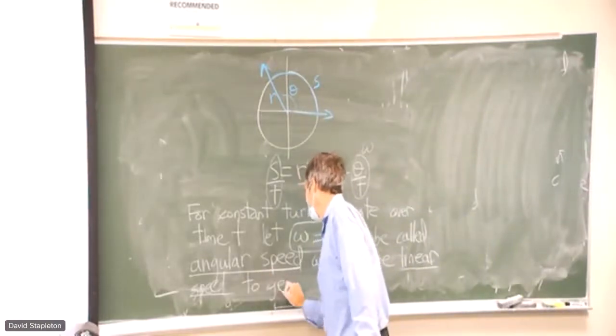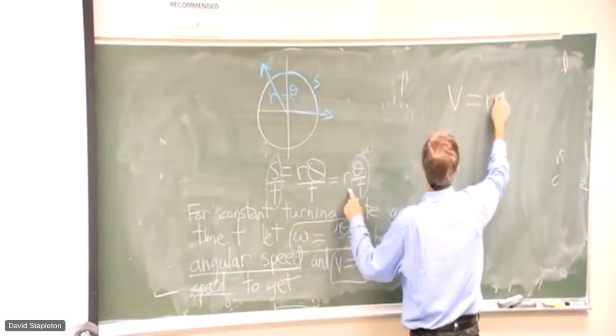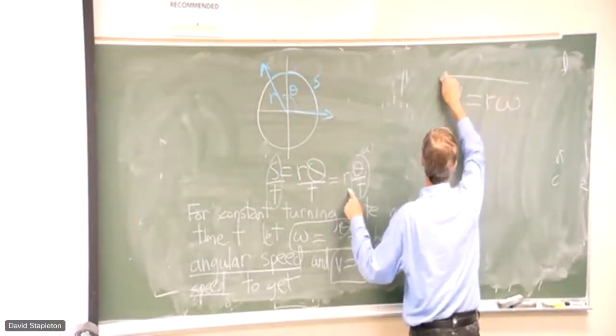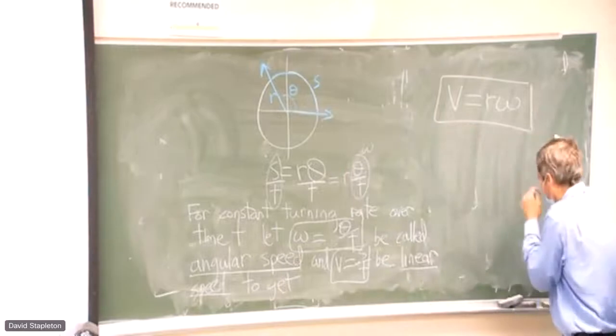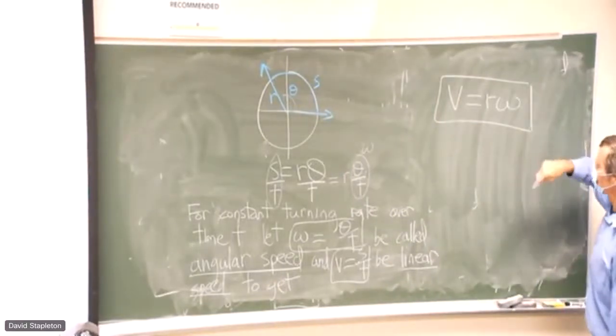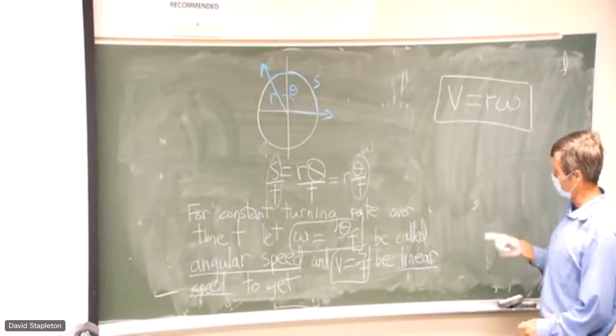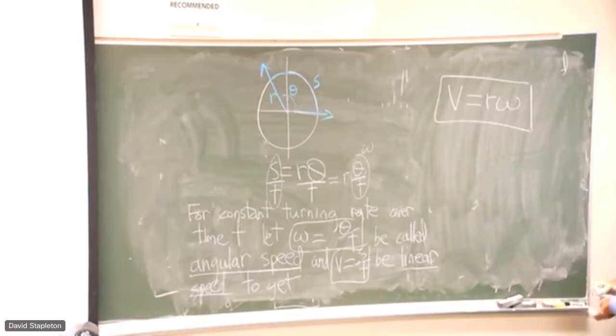We get v on the left equals r times omega on the right. Just as simple a formula, relating speed and angular speed that we had for arc length and angle. Okay, so call that equation 1.